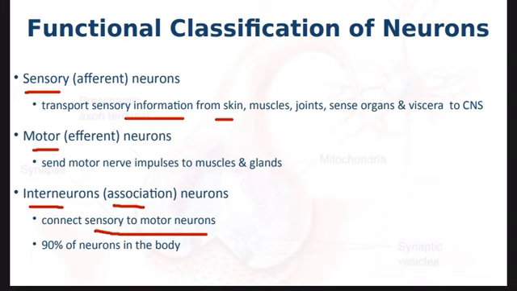Why is that? Because the human body is big. Looking, for example, at a sensory neuron in the skin of the hand or the finger, you have a sensory afferent, okay, but you want to get this information to the spinal cord, and from the spinal cord to the brain. To get to the spinal cord you need something in the middle, and this is the interneurons or association neurons. That's why they contain 90% of the neurons of the body. That's why there are many of them.